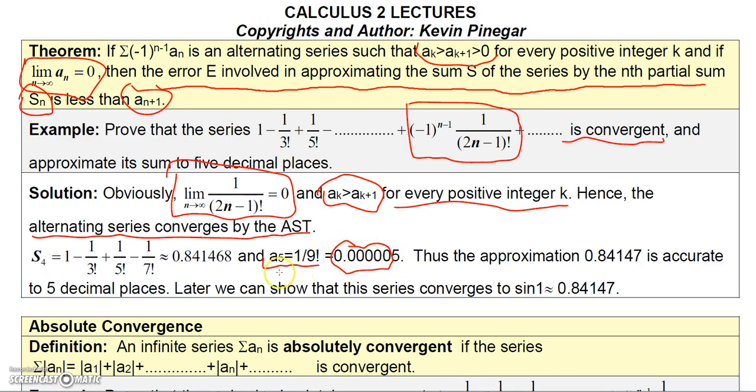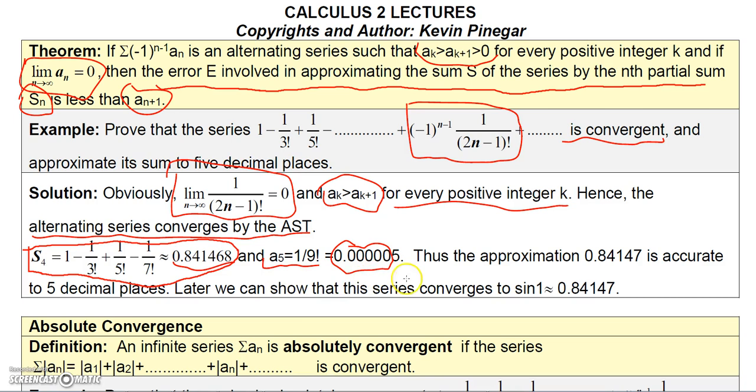So based on what this theorem says, since this is a sub n plus 1, then my nth partial sum would be the fourth partial sum. So if I get the first 4 terms and add those up, which is 0.841468, then that would approximate the sum of this series within 5 decimal places.